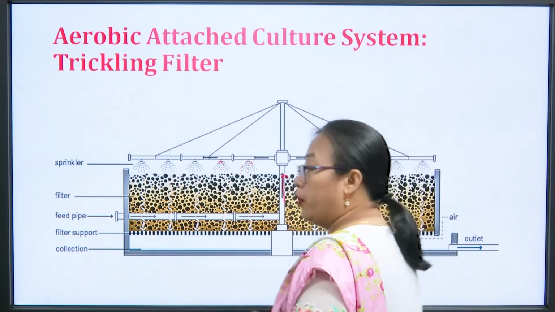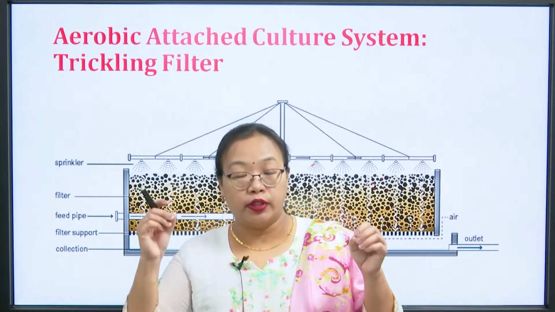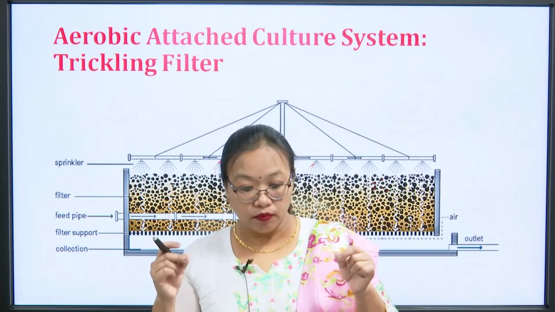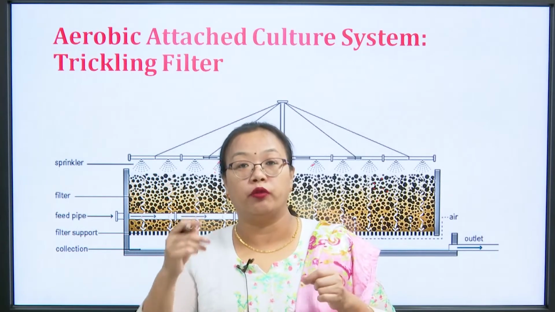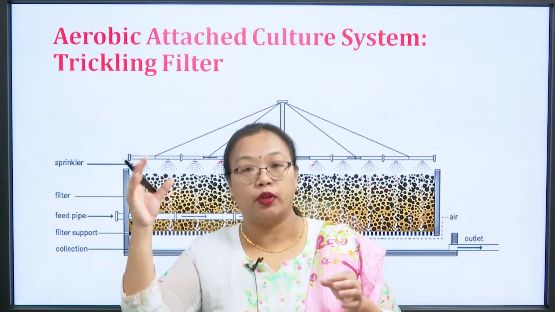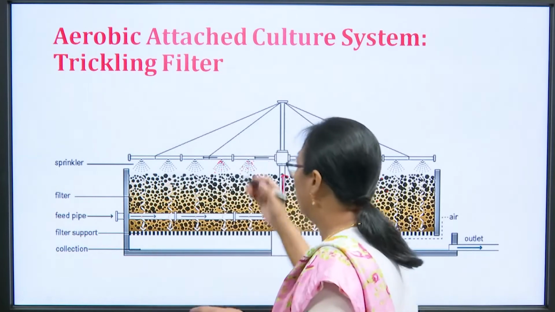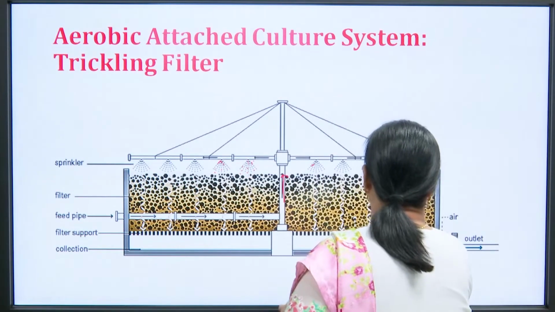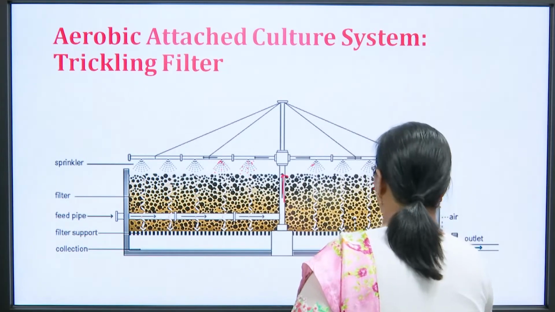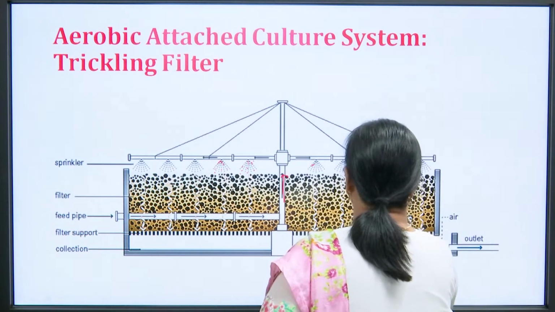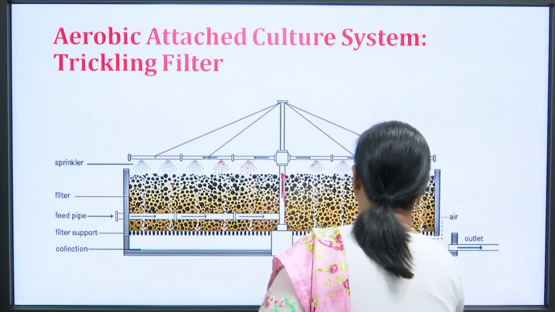When you sprinkle, the sewage or the wastewater will catch some amount of oxygen from the atmosphere, right, and since it is not covered, obviously small amounts of oxygen will flow through it. So, it will trickle down this filtering media.